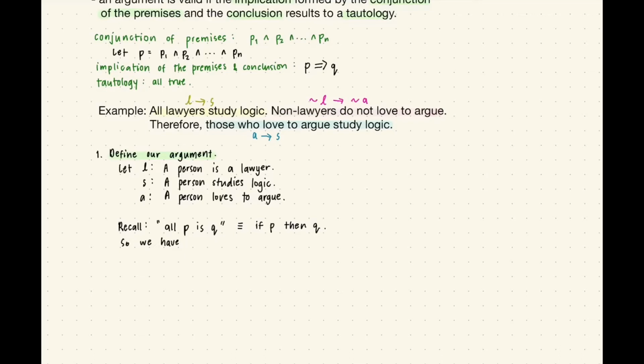Okay. So let's convert this to logical statements. So if a person is a lawyer, then he studies logic. If a person is not a lawyer, then he does not love to argue.